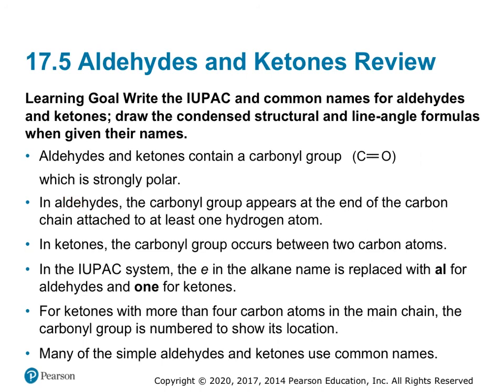In aldehydes, this carbonyl group appears at the end of the carbon chain, and in ketones, the carbonyl group occurs between two carbon atoms. In the IUPAC system, we get Al for aldehydes and ONE for ketones. And many of the simple aldehydes and ketones use common names, so it can get a little confusing.